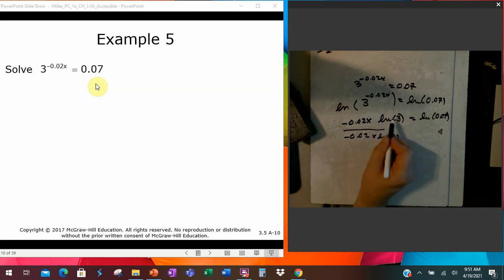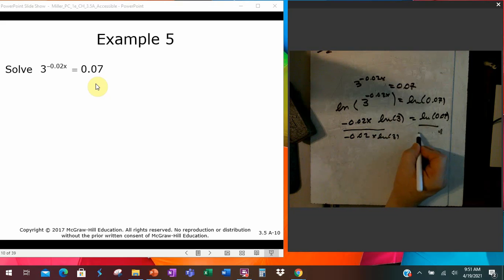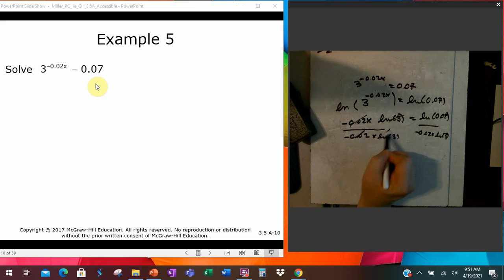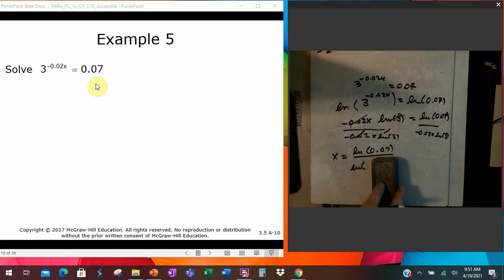So x is equal to the ln of 0.07 divided by the natural log, minus 0.02 times ln of 3.